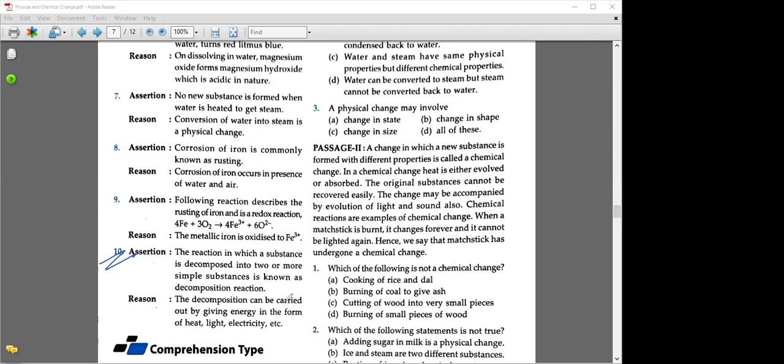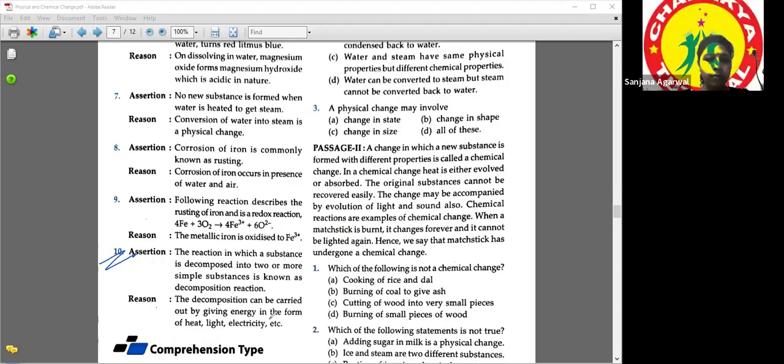But do you think that decomposition can be carried out by giving energy in the form of heat, light, and electricity? But how come light? Yeah, that's what I'm asking. If any reaction just gives us heat and light, then we could say an incandescent bulb is undergoing a chemical reaction, because it gets heated up and gives us light through its filament, isn't it? Will that be counted as a product obtained?